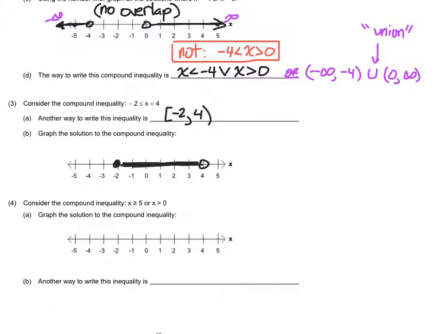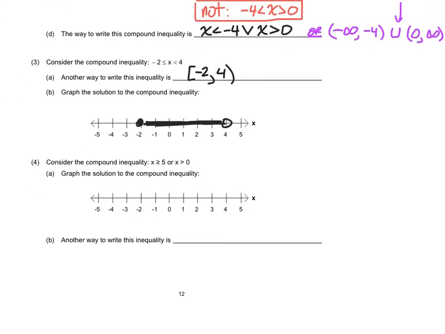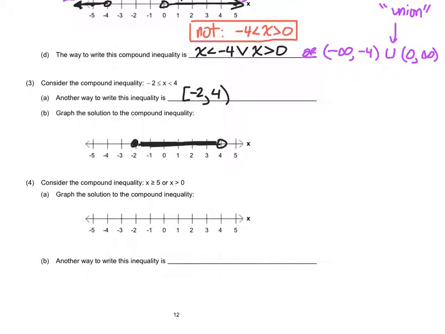All right. Now, number 4 is a pretty strange problem because it says x is greater than or equal to 5 or x is greater than 0. All right, so we're going to graph it. First, I'm going to graph it off on the side. Just a quick sketch. So I'll put the 0, the 5, get some arrows there.